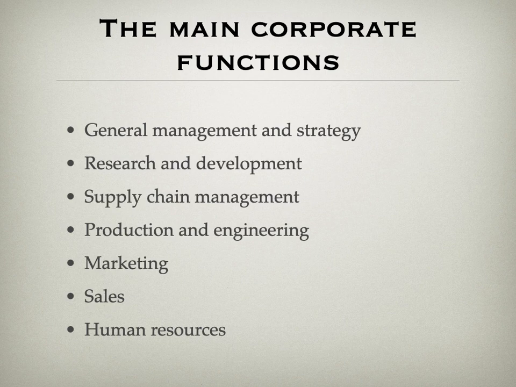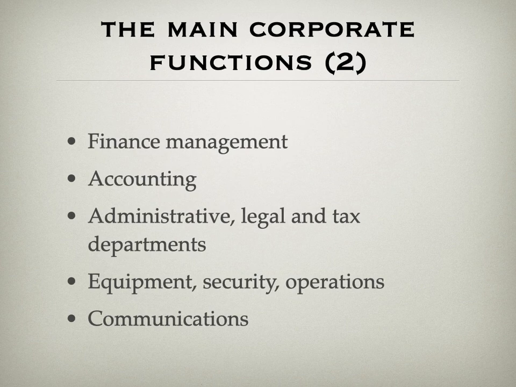So you have the function of general management and strategy, for example, research and development, supply chain management, production and engineering, marketing, sales, human resources, and finance management, accounting, administrative, legal and tax departments, equipment, security, operations, communications, etc., etc.